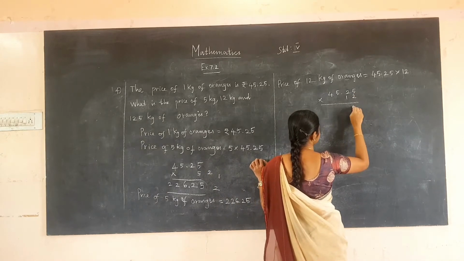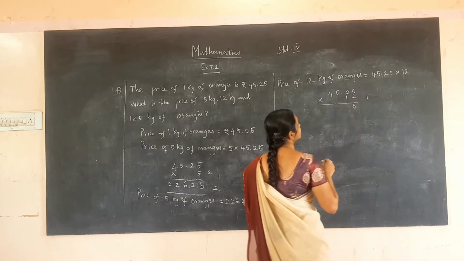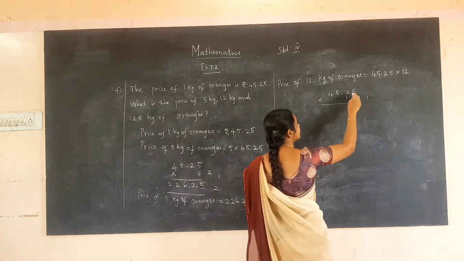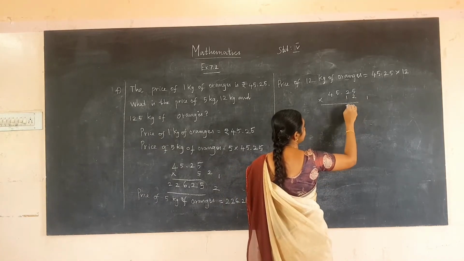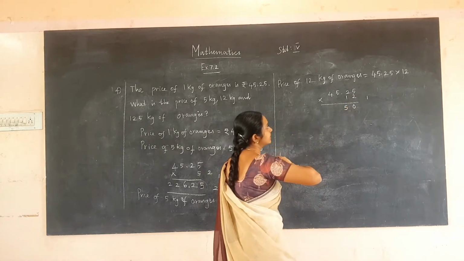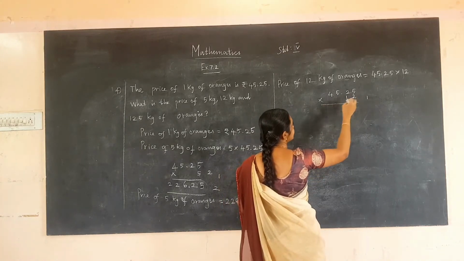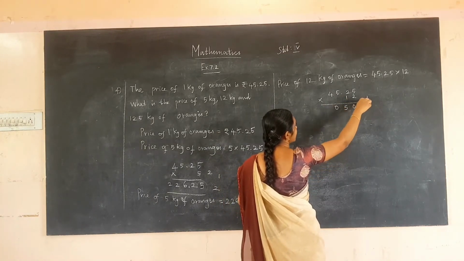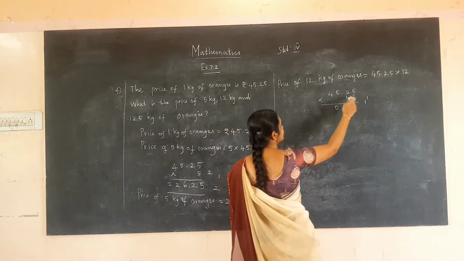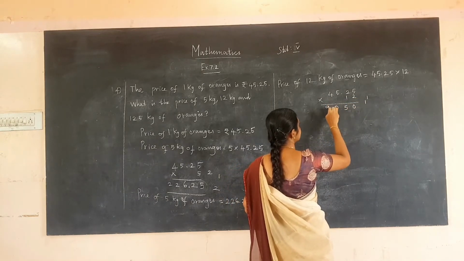Five into 2 is 10, so write 0 here and 1 is remaining. 2 into 2 is 4, 4 plus 1 is 5. Next, 5 into 2 is 10, so write 0 here and 1 is remaining. 4 2s are 8, 8 plus 1 is 9.